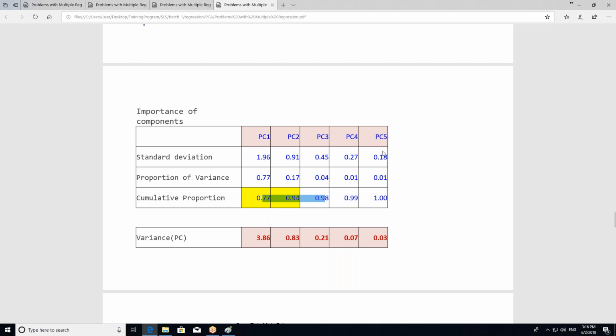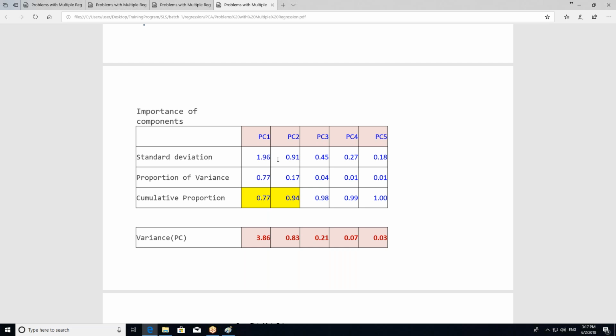Total is 3.8, is it 3.86? Can somebody add it? Yeah, Lakshmi, I think it's around 3.6.